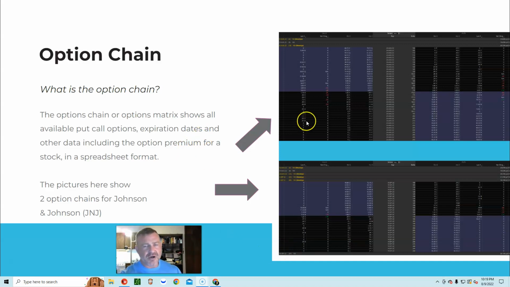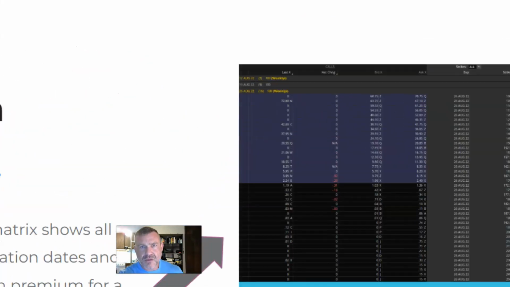These two pictures are option chains for Johnson & Johnson. At first glance, they would look extremely similar, but let's take a closer look. It's a bit blurry, but we can see that what we're looking at here is the option chain expiring in 16 days, August 25th, 2022.